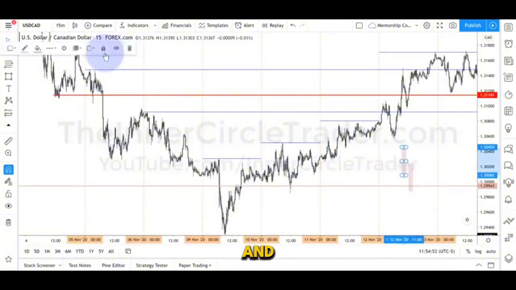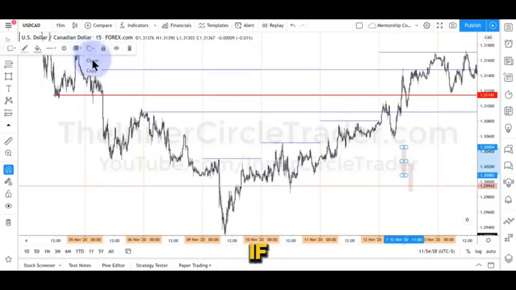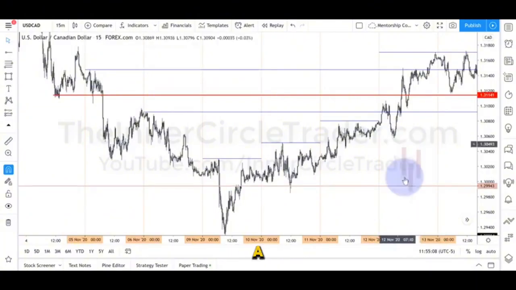I teach this, and it's just a fundamental truth that if you look at most turning points in the marketplace, you see some kind of depiction of a turning point like this in price. This would be like a swing low.